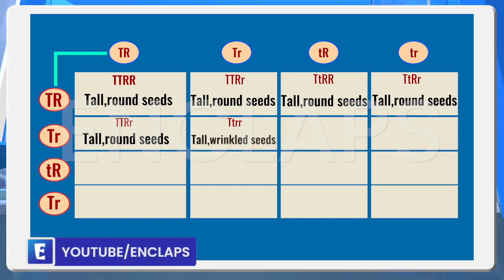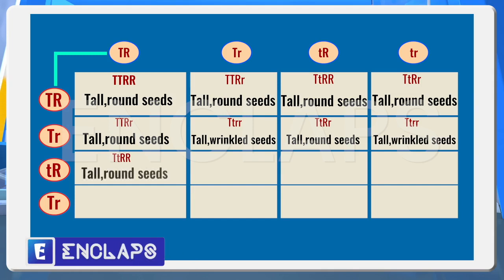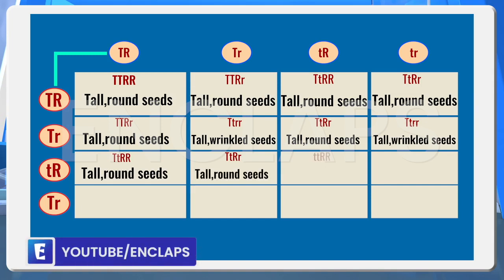Capital T small t, capital R small r: tall, round seeds. Capital T small t, small r small r: tall, wrinkled seeds. Capital T small t, capital R capital R: tall, round seeds. Capital T small t, capital R small r: tall, round seeds. Small t small t, capital R capital R: dwarf, round seeds. Small t small t, capital R small r: dwarf, round seeds.